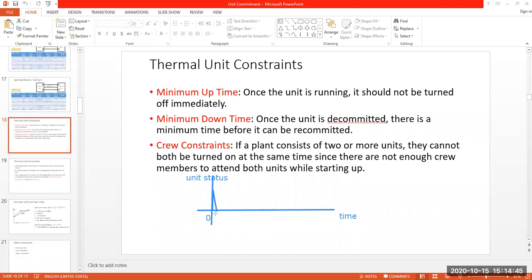You can't make it very abrupt. You just turned it on. You have to allow some time before you decide to turn it off. So a sufficient amount of time should be given to the unit once it is turned on. So this distance is known as minimum uptime. Once a unit is on, it should be allowed to run for a sufficient period of time. This is minimum uptime.